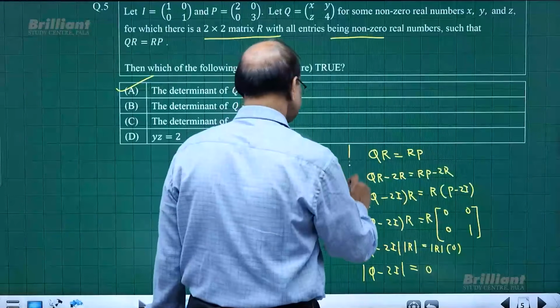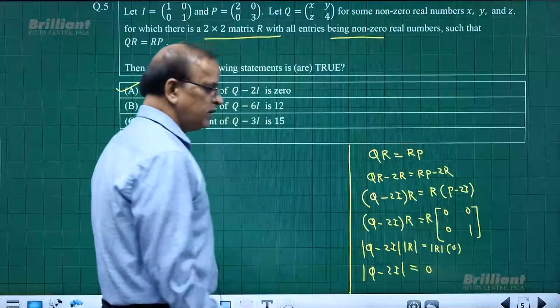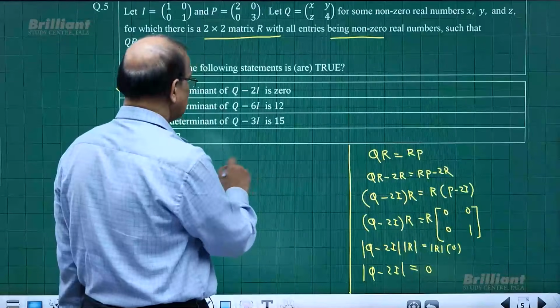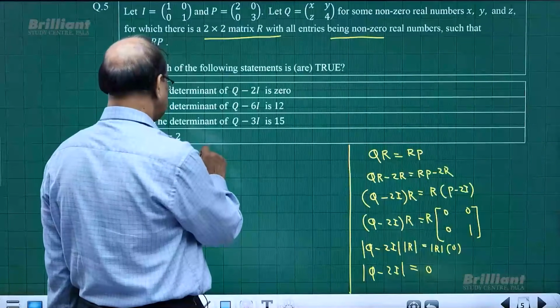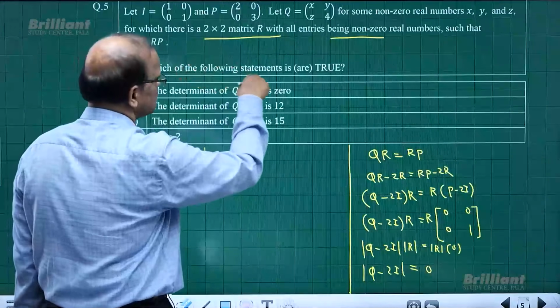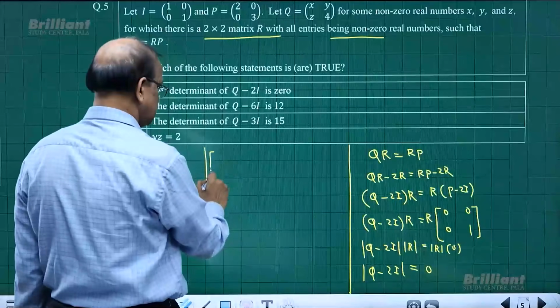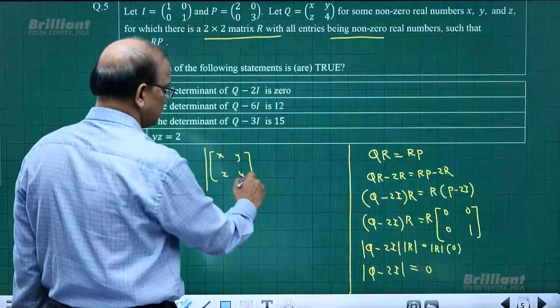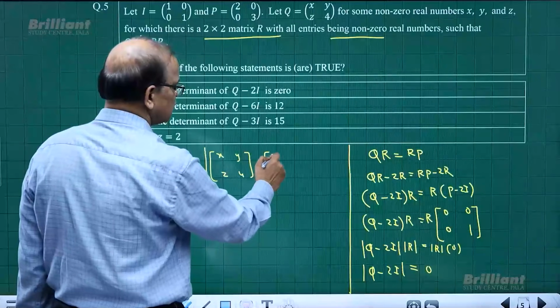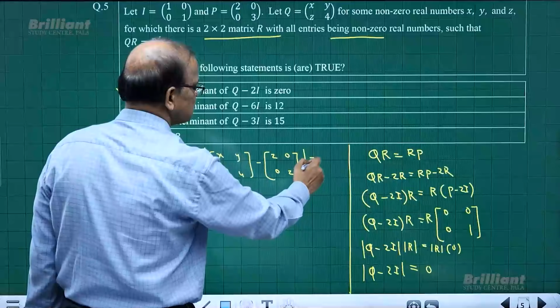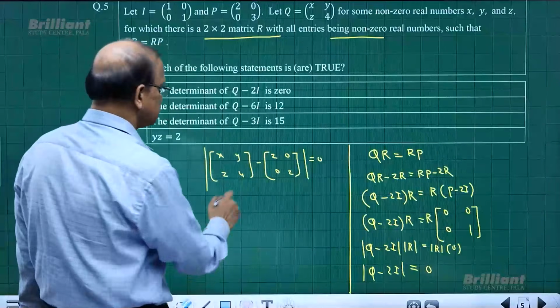Now, determinant of Q minus 2I being 0 will give what? Q is this: x, y, z, 4, minus 2I, 2, 0, 0, 2, is equal to 0. So what is this?